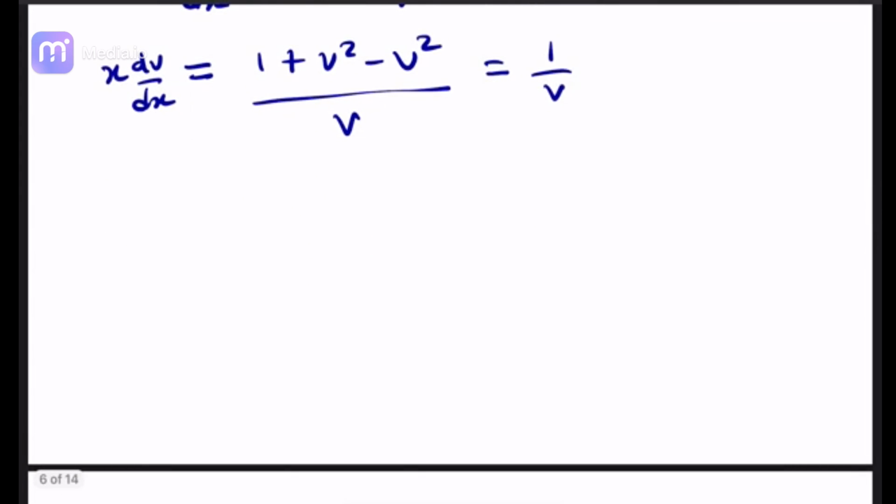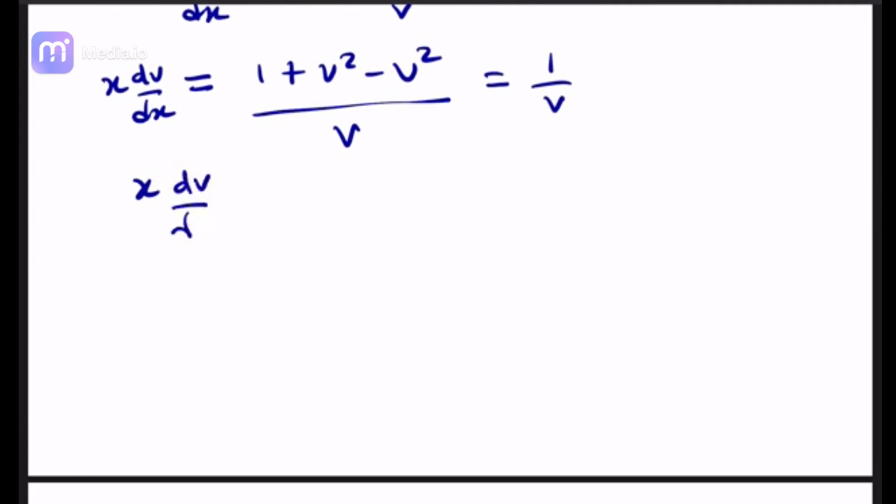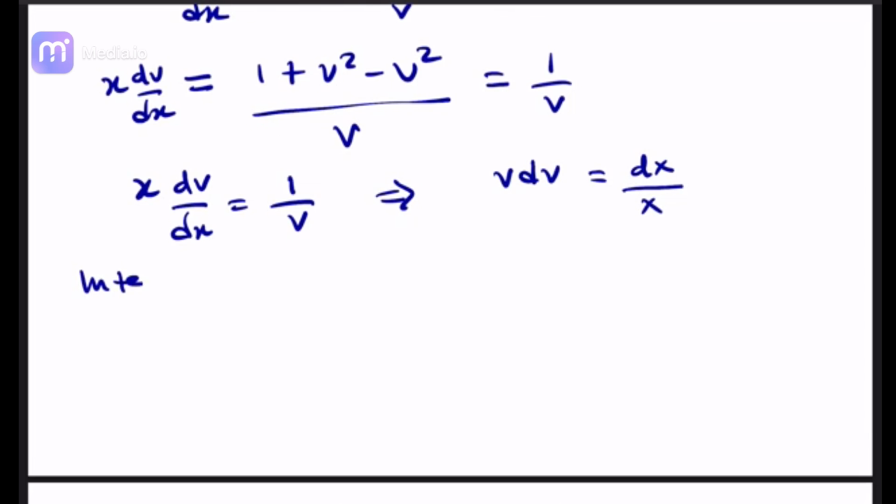Therefore, x dv/dx is equal to 1 over v. This implies that v dv is equal to dx over x. We integrate both sides.